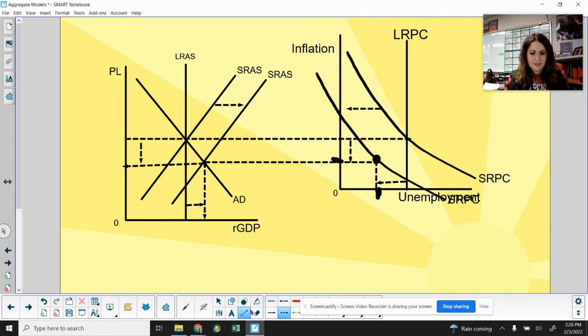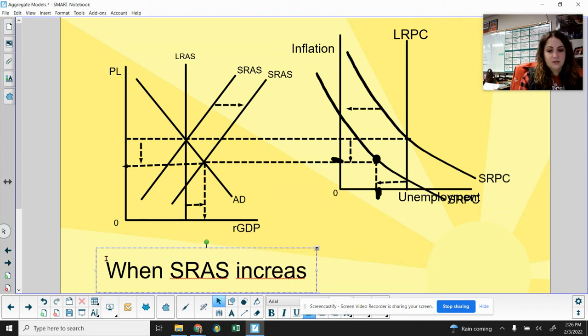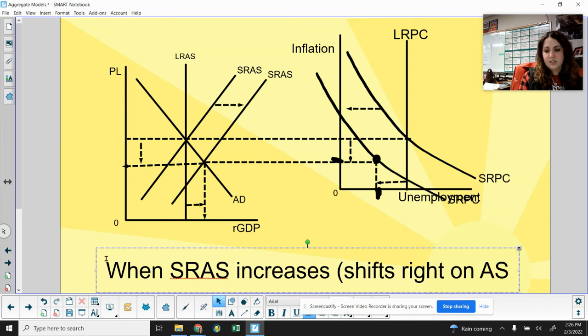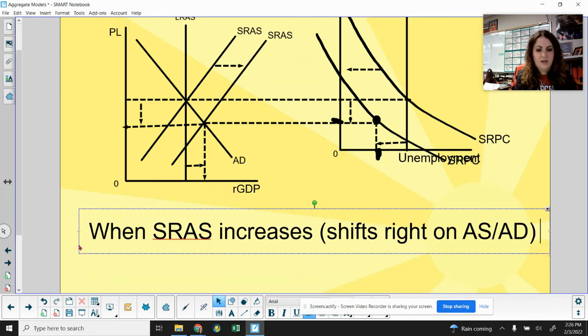Okay, so let me recap that. So when, say, short run aggregate supply increases, it shifts right on the aggregate supply and aggregate demand graph. We did that this week.